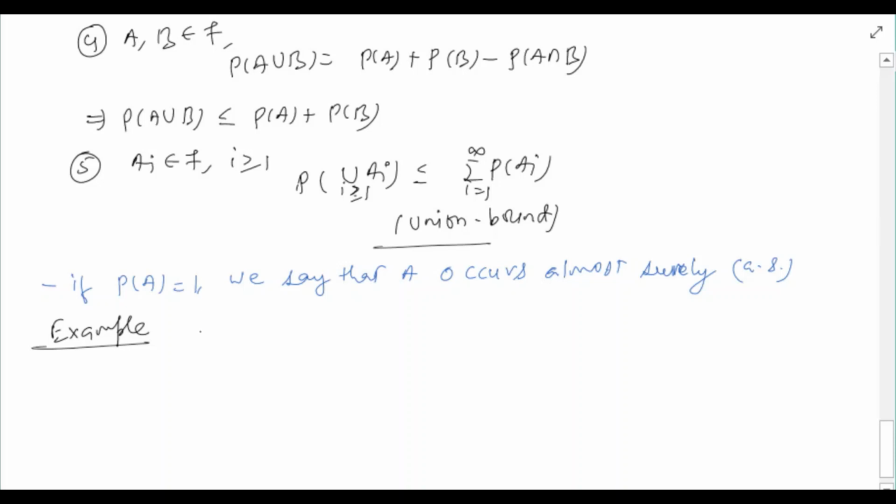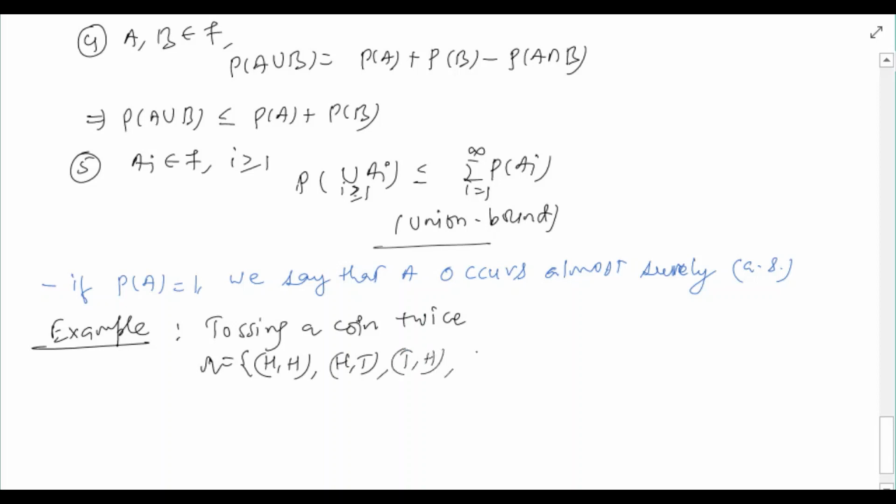Consider the random experiment of tossing a coin twice. Recall that in this case the sample space was HH, HT, TH, TT. Define event E as the first outcome being head.